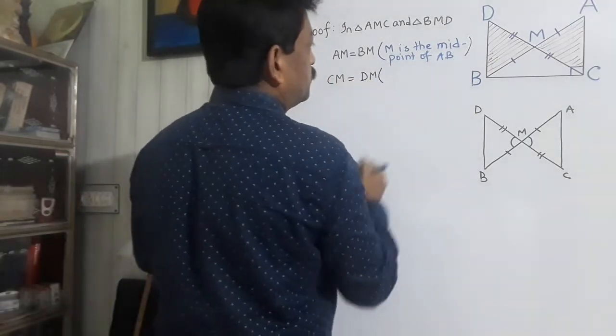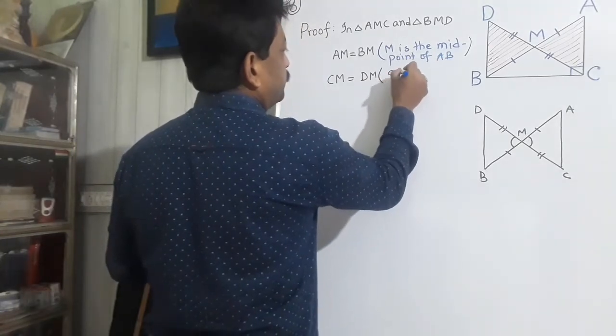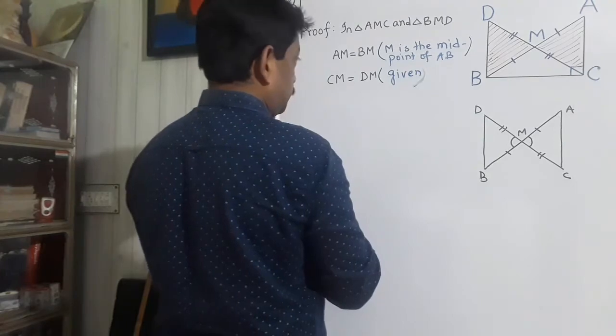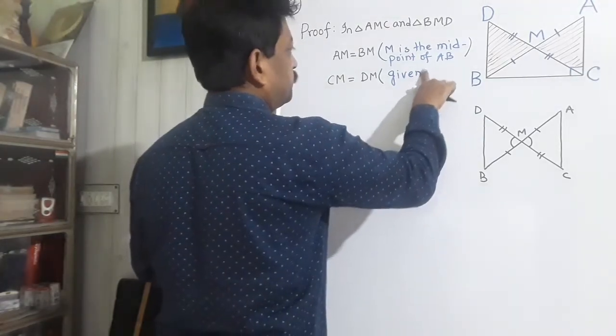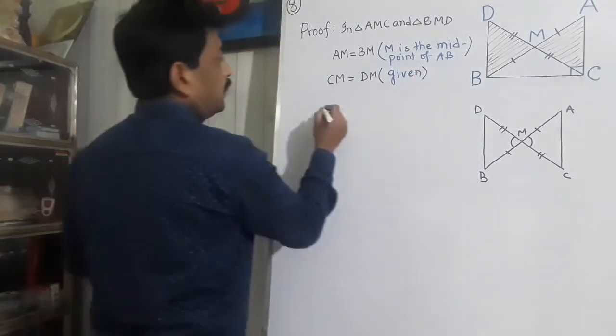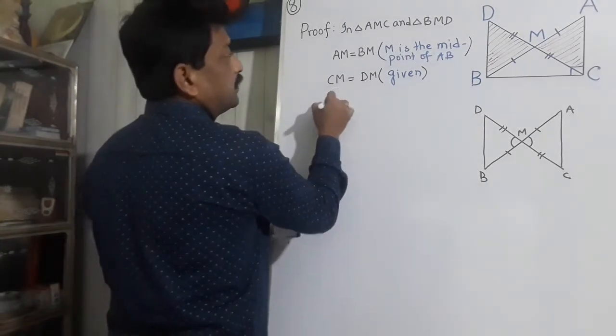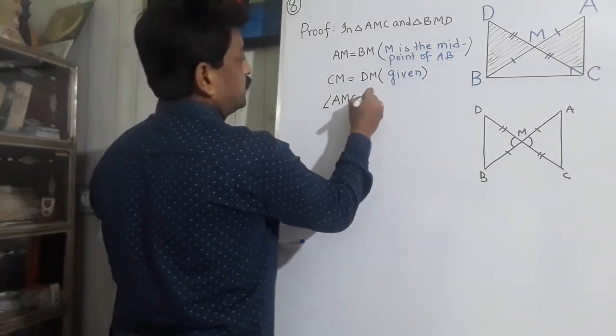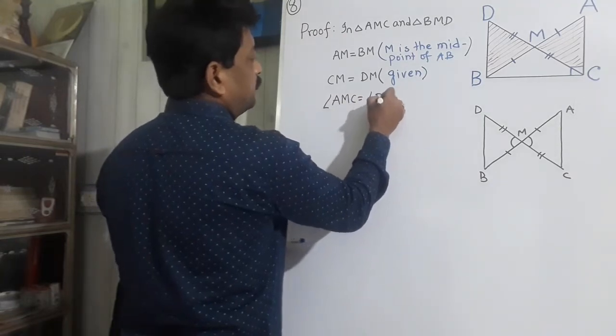It is given in the question, so write here given. And the third point is angle AMC equals angle BMD.